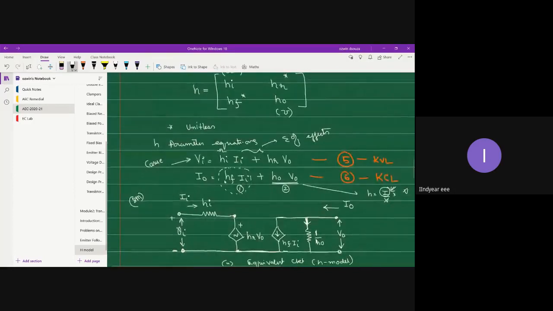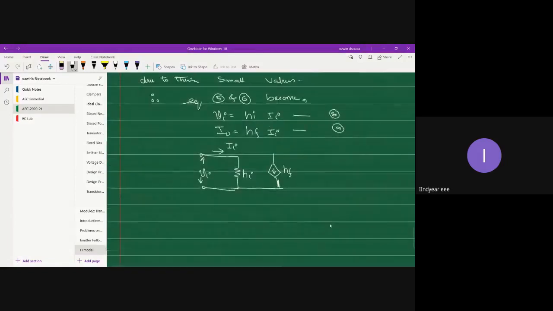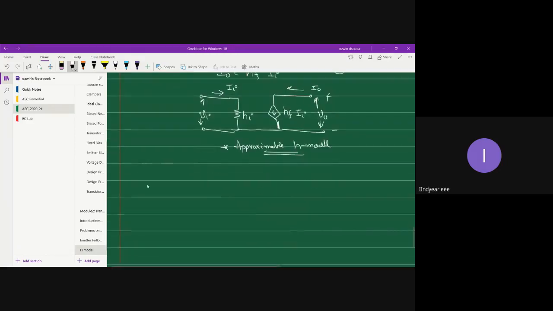See here, I naught is equal to HF into II. Really appreciate it if you had pointed that out. That's all. And this is your output voltage, minus plus, and the output current I naught. So this circuit basically represents the approximate H model.